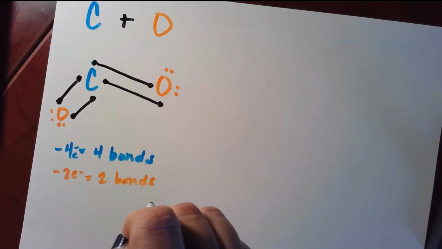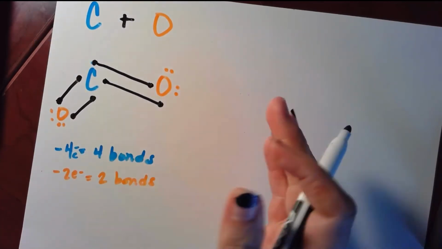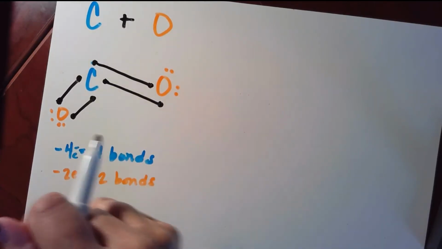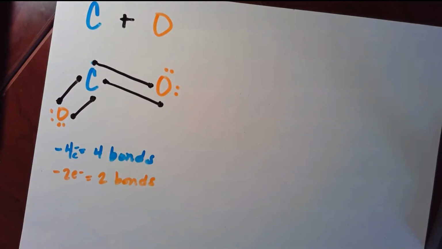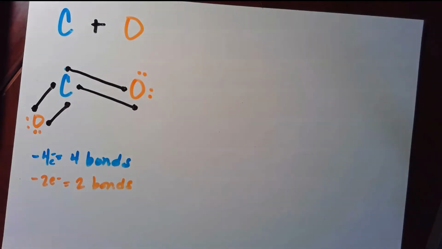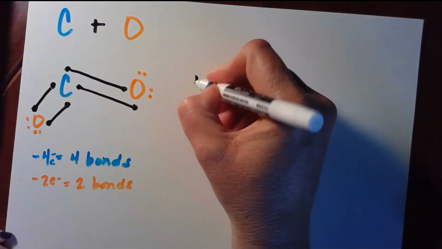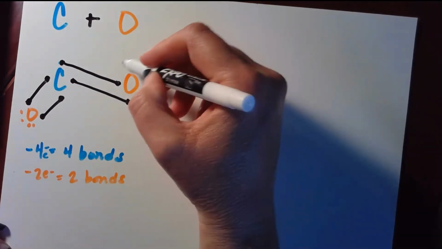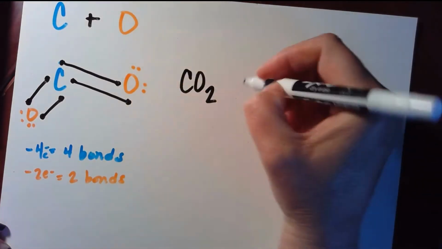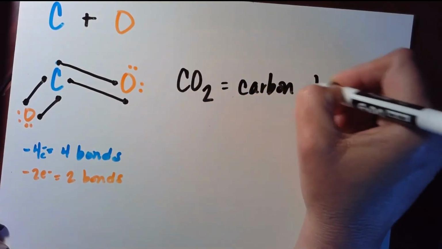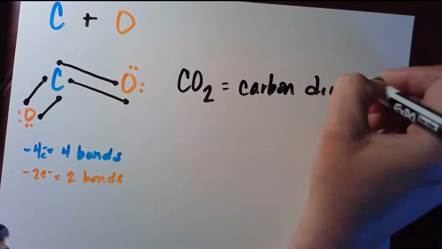Everybody is content. Now, the way I've drawn it, you can't tell the shape, later you'll realize that this is what's called a linear shape. So what's the formula? Well, the formula is good old CO2. So you drew it, we wrote the formula, and then as you all know, this is carbon dioxide.